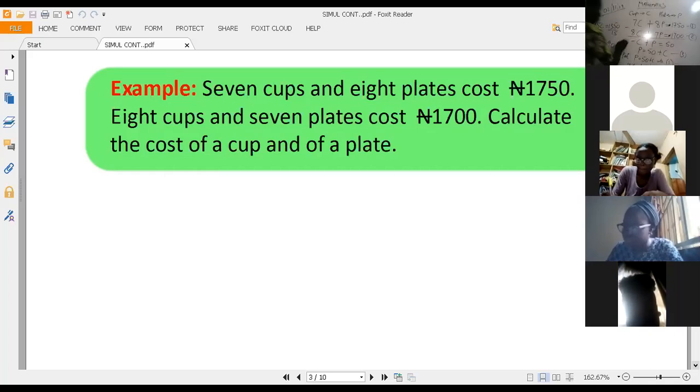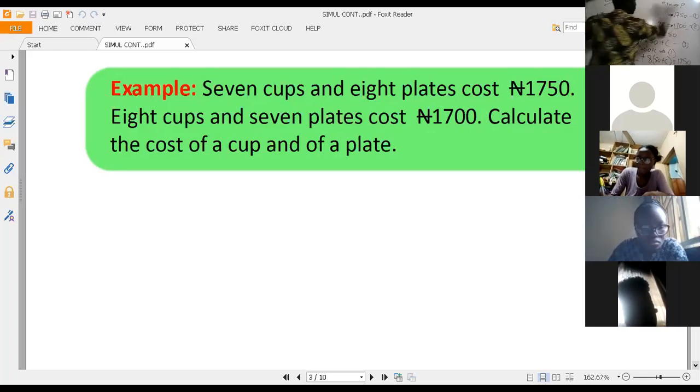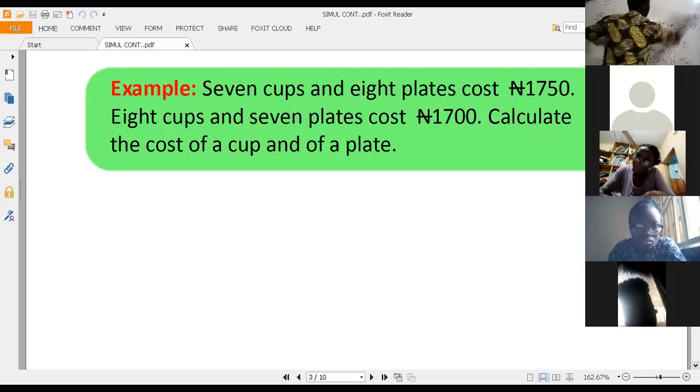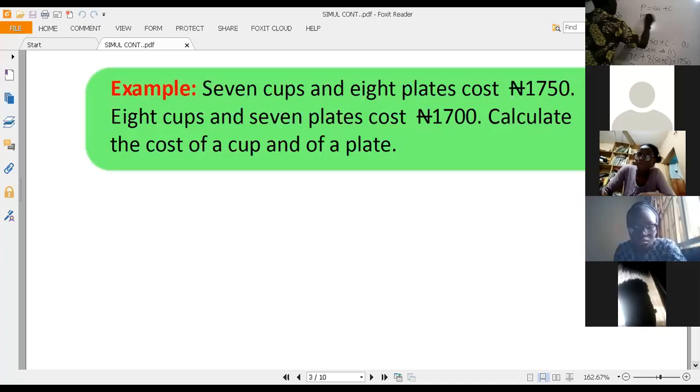All that we're going to do is substitute for C in equation 3. Equation 3 says P is equal to 50 plus C, but C is given as 90. So we can write P to be 50 plus 90.